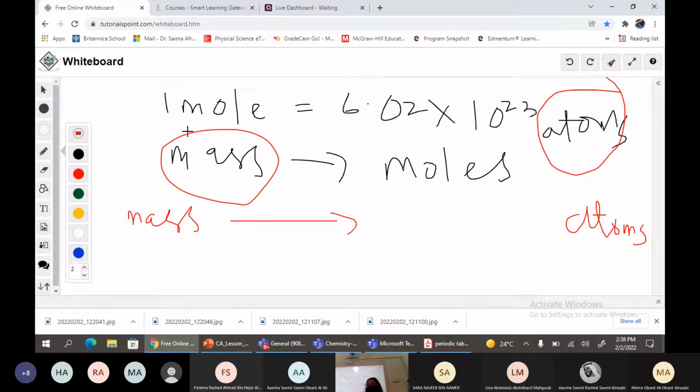We never said that we can convert mass to atoms. Do you think there is any direct conversion possible? Metha, do you think we can convert directly from mass to atoms? If I have mass in grams and I want to convert into atoms, can I do it directly? Is it possible? Why? And okay, if you said no, what can I do? What is the solution for that?